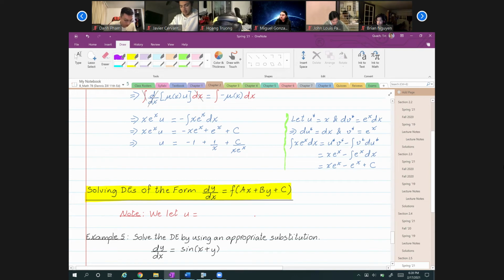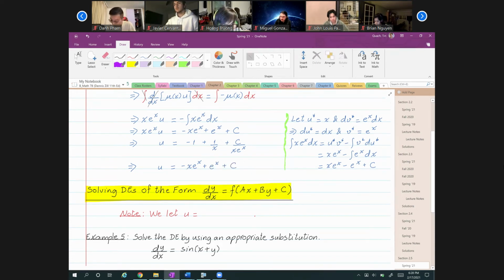I guess you can write over here equals, and you combine all of these into one fraction, but I'm going to do it over here, and then I just move down a couple lines. So I combine these, so the LCD is x e to the x, so this is negative x e to the x plus e to the x plus c all over x e to the x.